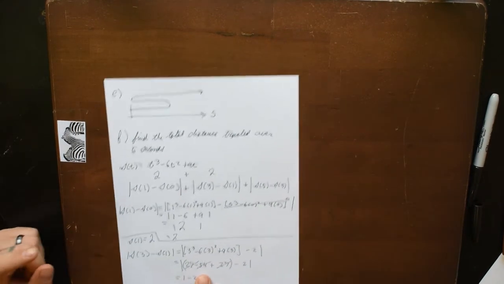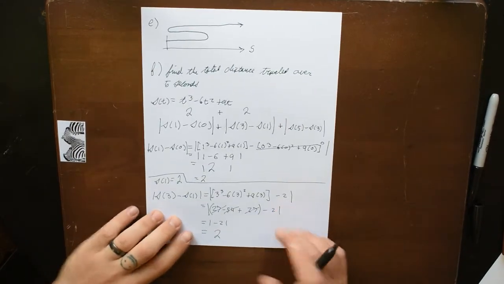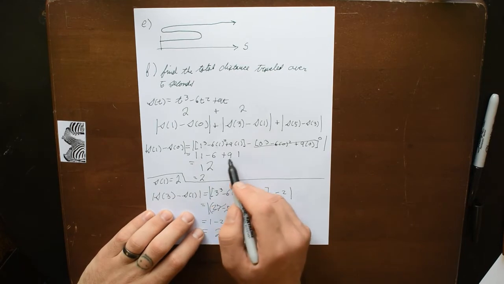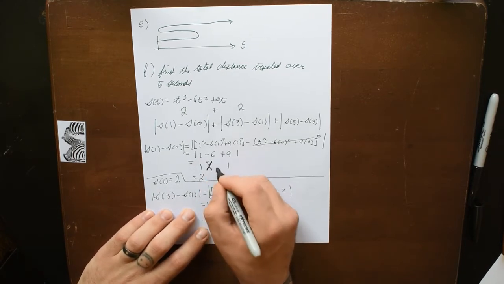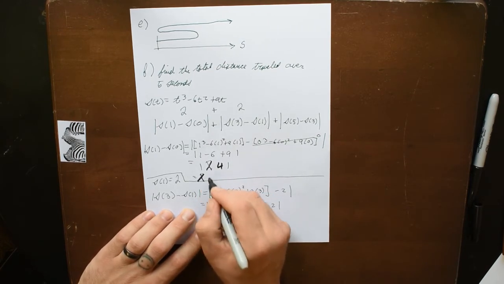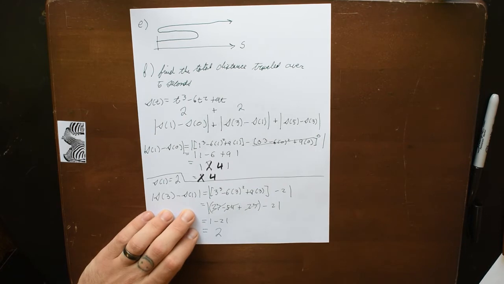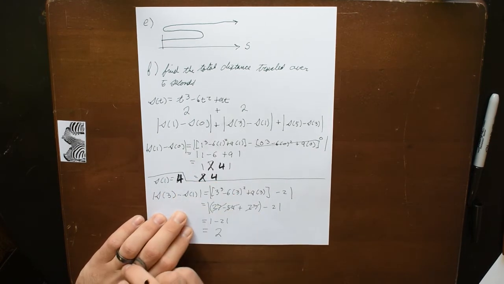There was a mistake in that. I wonder if you guys caught it. 1 take away 6 plus 9 isn't 2. It's definitely 4. The absolute value of 4 is 4. Now, that means S of 1 is equal to 4.